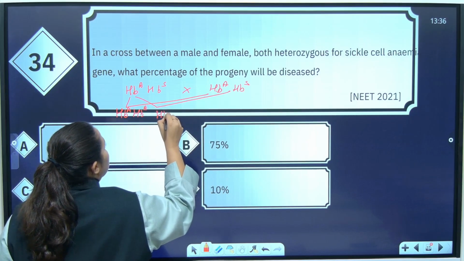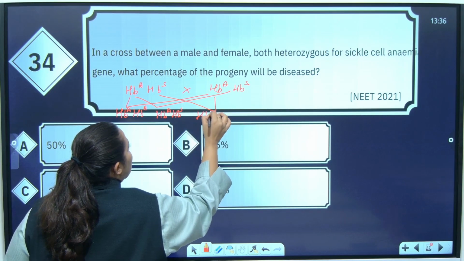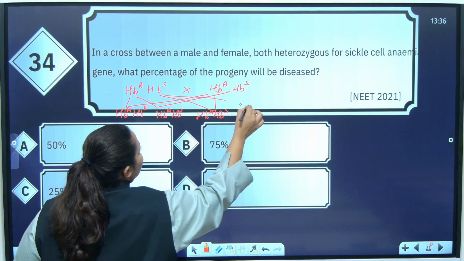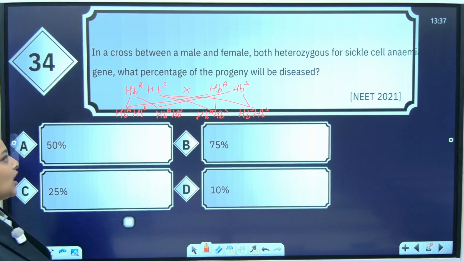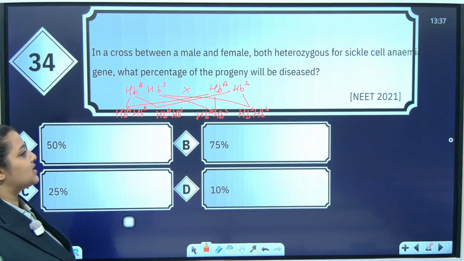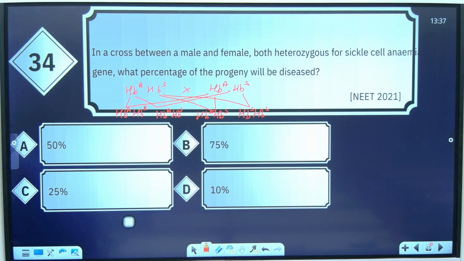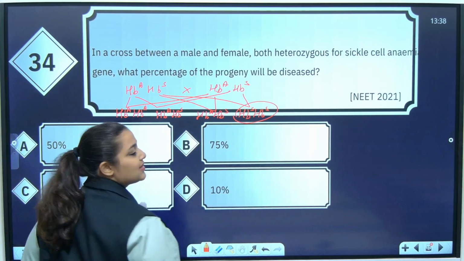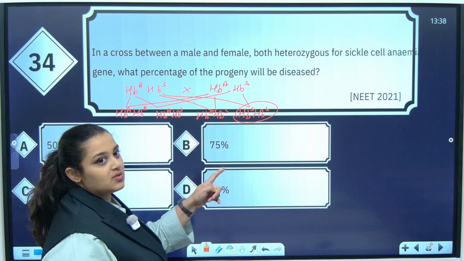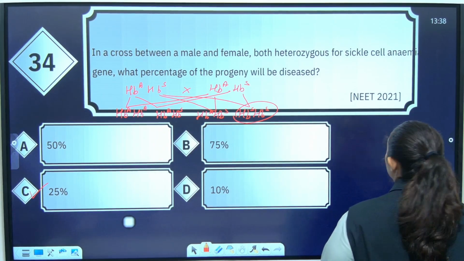Second one HbA, HbS. Third one HbA, HbS. Fourth one HbS, HbS. So which progeny will be diseased? What do you think? All right. Now the diseased progeny is HbS, HbS, which out of the four is one, that is 25%. Our option is C.